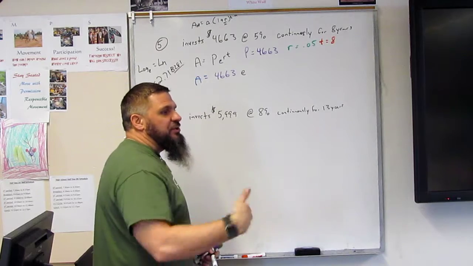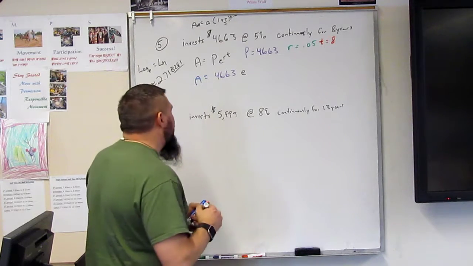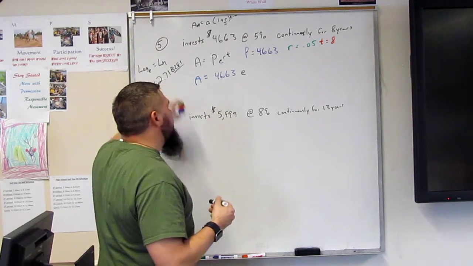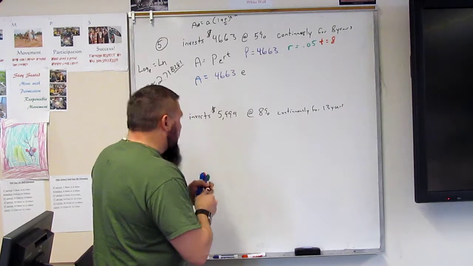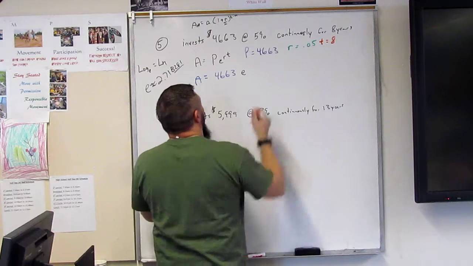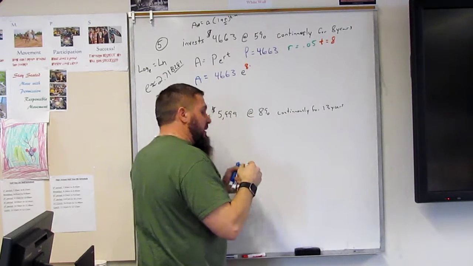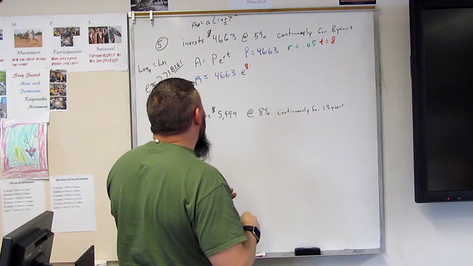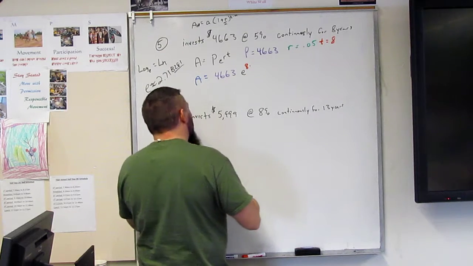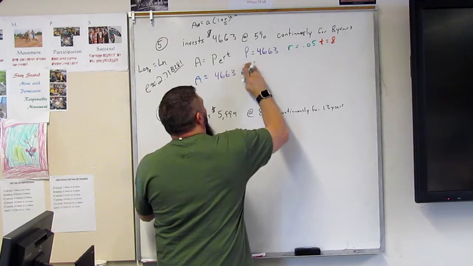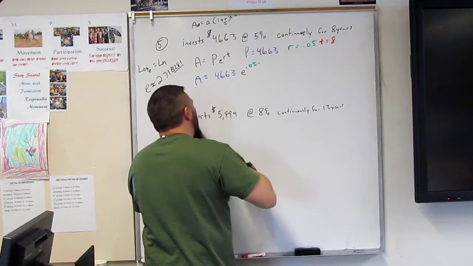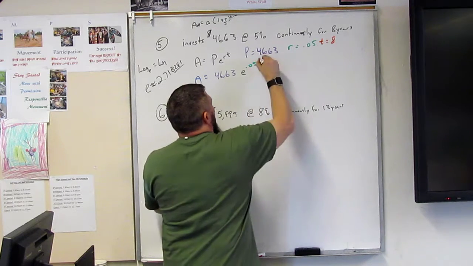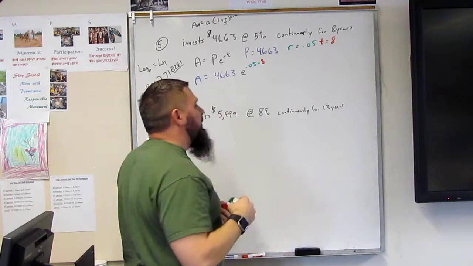We're going to use the e in your calculator, so you won't need to know this number. Okay? And raised to the power of r times t, so 0.05 times 8. So in essence, 0.4, right?